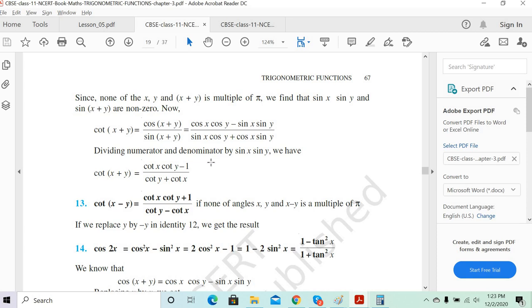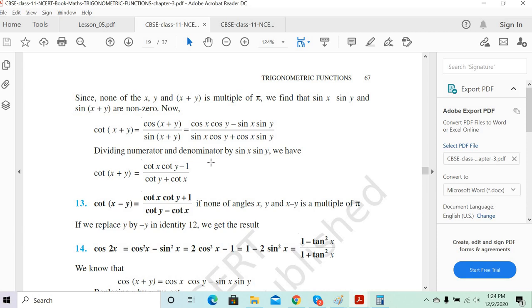Okay, correct. And cot x minus y, you got denominator negative, right? So there I'm getting a problem. Okay, tell me, what's the problem? When I replace x plus y as x minus y, so I get cot x into cot of minus y minus 1, the whole divided by cot of minus y minus cot x, right? Correct. No problem.